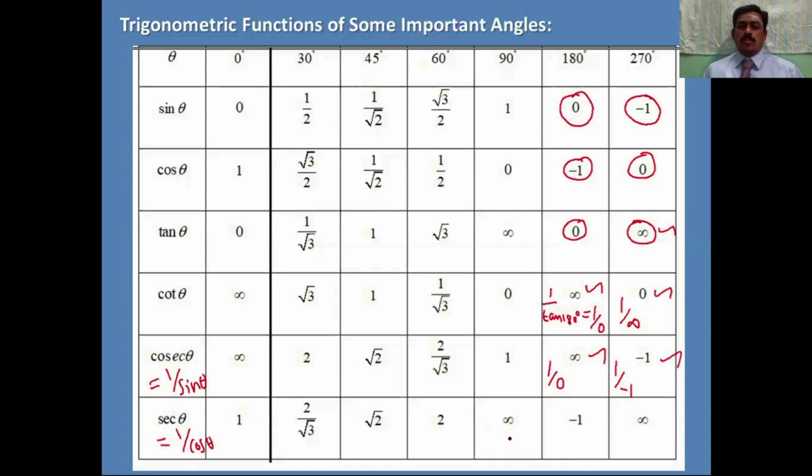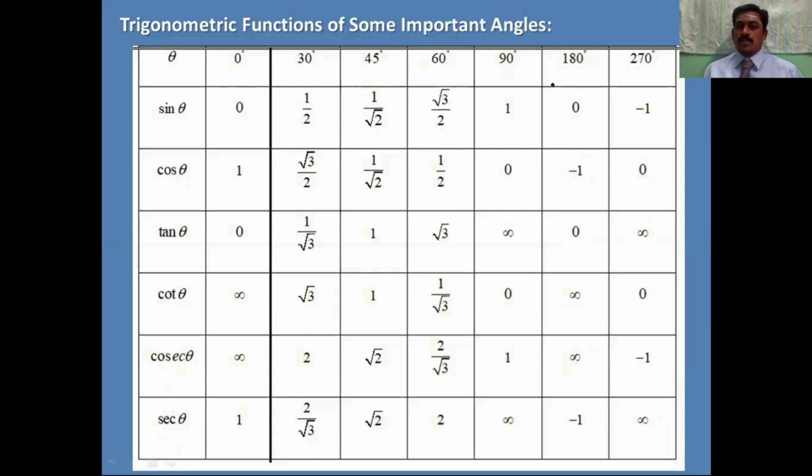So secant 180 is 1 by cos 180. Cos 180 is minus 1, so 1 by minus 1 is minus 1. And then secant 270 we have to find. Secant 270 is 1 by cos 270. Cos 270 is 0, so anything by 0 is infinity.